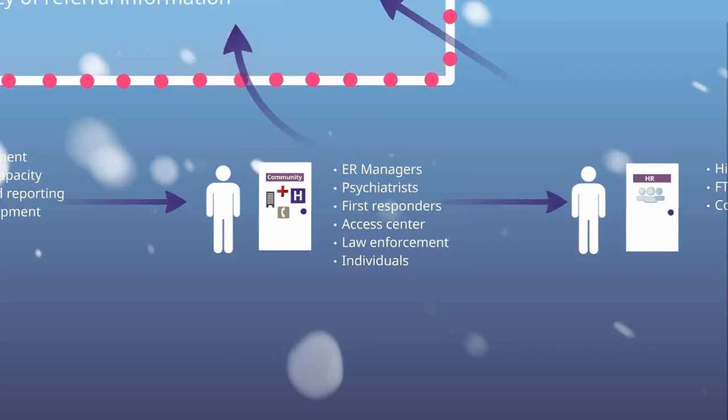Let's say they were going to be at the hospital for a week, and after day 4, their lethality had decreased, they were still feeling depressed or having some suicidal thoughts. The doctor is comfortable putting them in a crisis residential home, but a crisis residential home doesn't exist in the area. Well, then they're just going to keep them at the hospital until they have more certainty that they can leave.